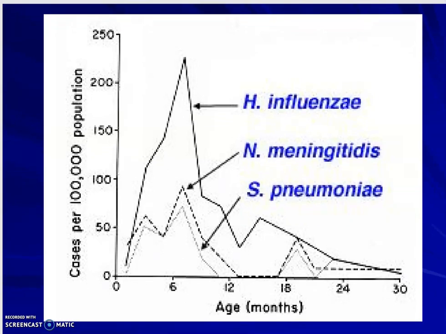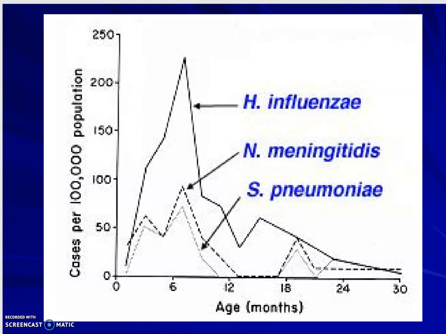But anyway, so here are cases per 100,000 of the population, and you can see Haemophilus influenzae especially, it spikes basically in babies a year or less in age, so very young babies. Also, relatively often seen these Neisseria meningitidis and Streptococcus pneumoniae.